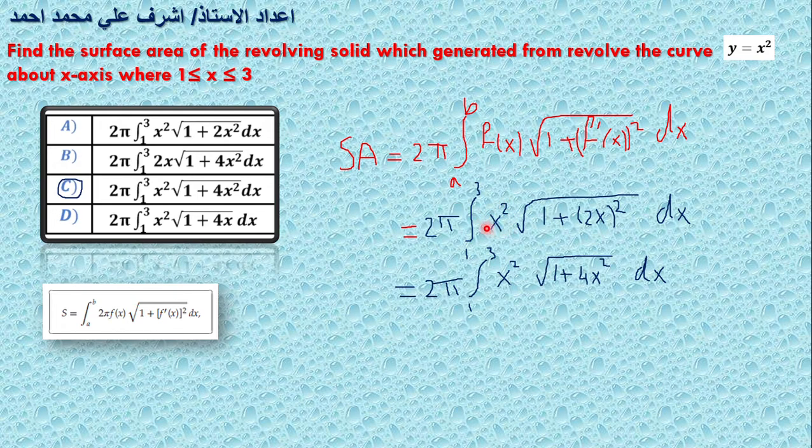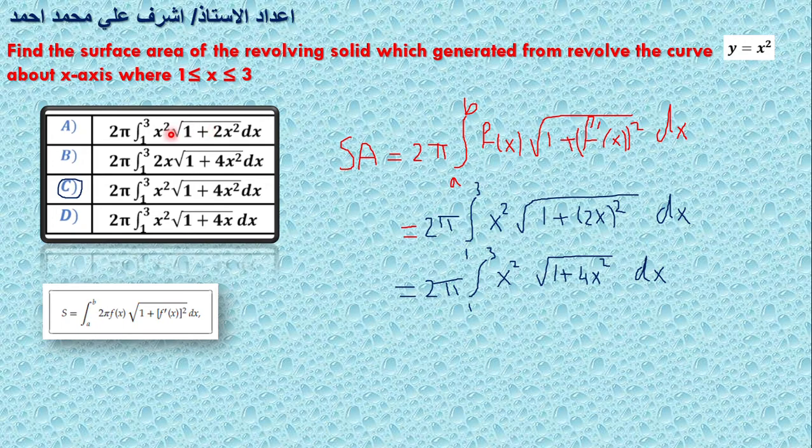When you take the derivative you get 2x, so 2x squared is 4x squared. So the surface area equals 2π times the integral from 1 to 3 of x squared times the radical of 1 plus 4x squared.